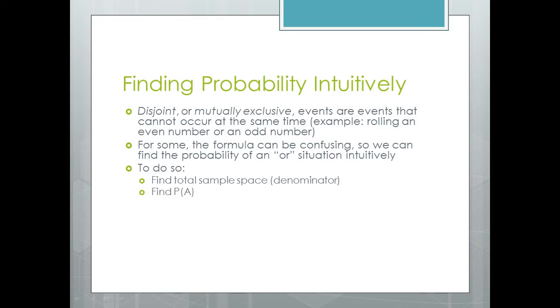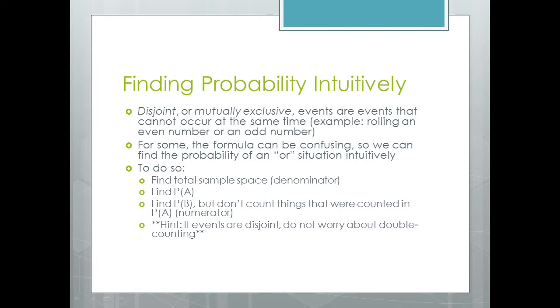Then you want to find the probability of event A and find the probability of event B, but don't count the things that you already counted in event A. You want to add those two numbers up, and that becomes your numerator. A big hint here for those of you that understand disjoint sets: if you understand the events are disjoint, you don't have to worry about double counting because there's no way that those events can happen at the same time.